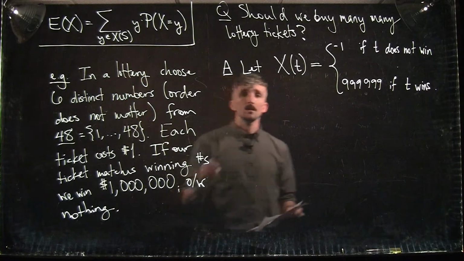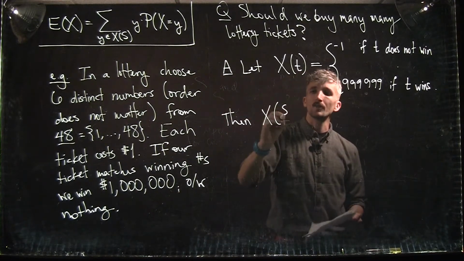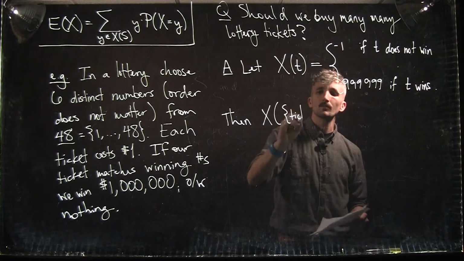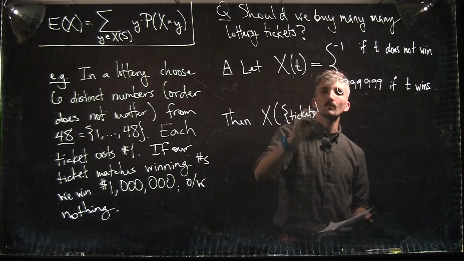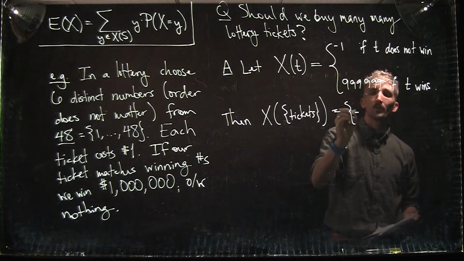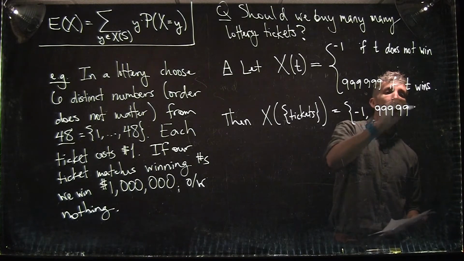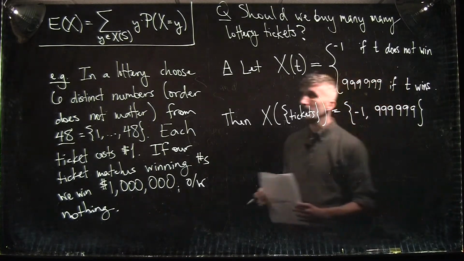The image in this case, X of the set of tickets, is precisely the two output values, -1 and 999,999. Good.